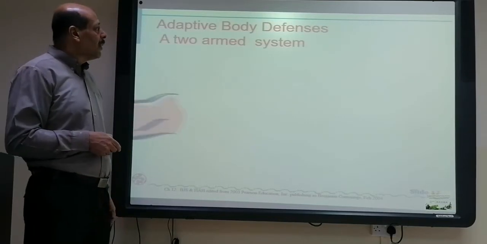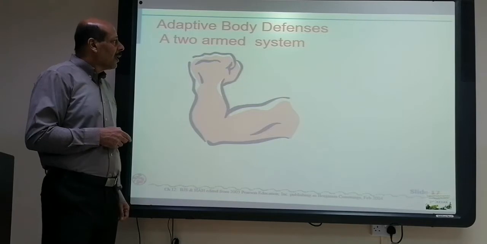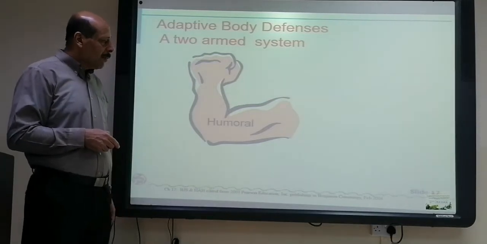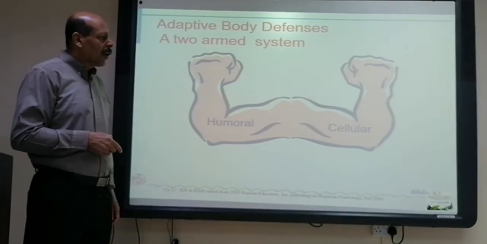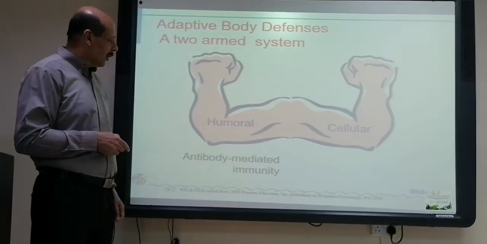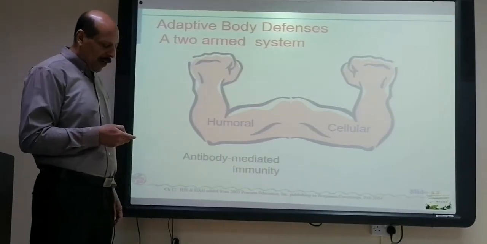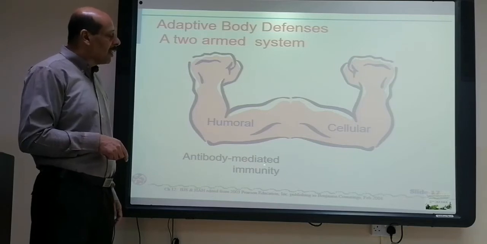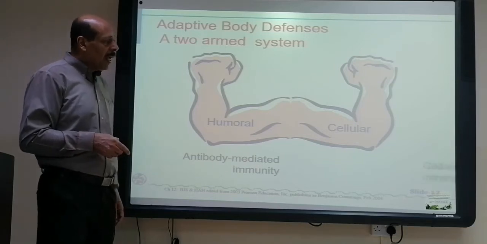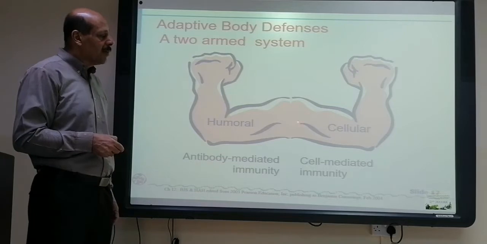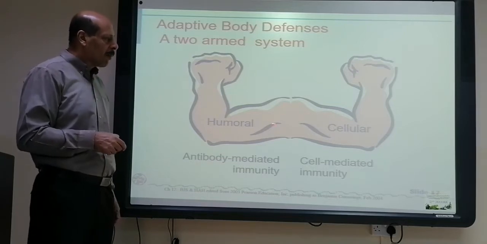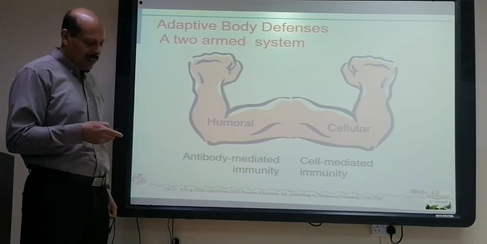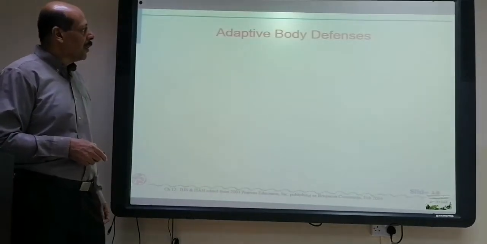The adaptive body defense mechanism is a two-arm system: the humoral immunity and the cellular immunity, or cell-mediated immunity. The humoral immunity is the antibody-mediated immunity, and the cellular immunity is the cell-mediated immunity. Both arms act together against the infection.